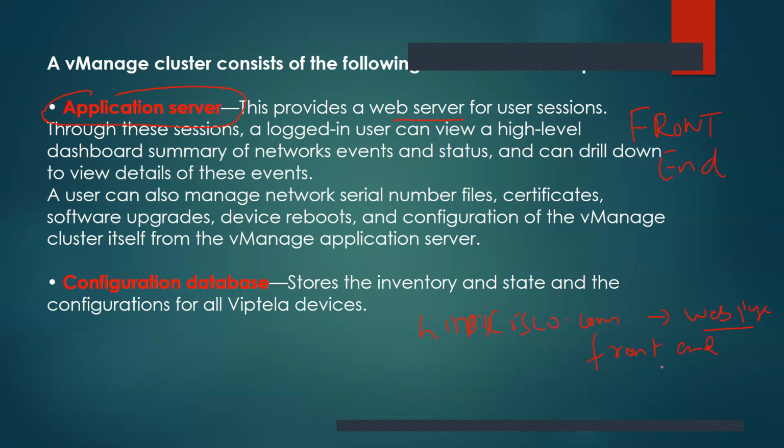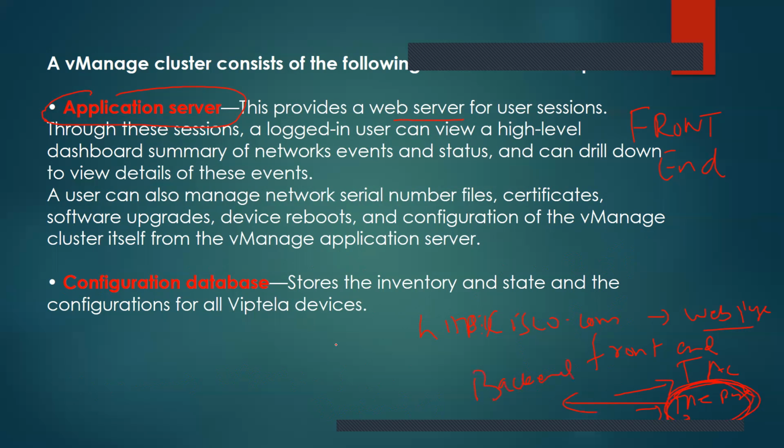Now, if you want to raise a TAC case, again you will click a link and be redirected to a TAC page, where you create your service request or ticket. This may be the front page for TAC, but whenever you are creating and storing something, that goes to the backend, right?